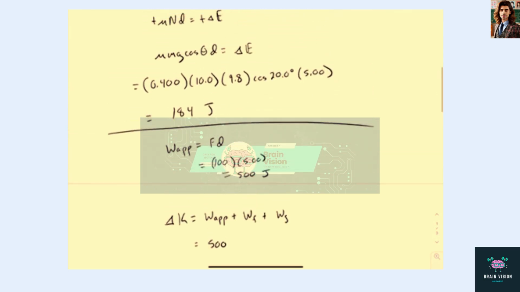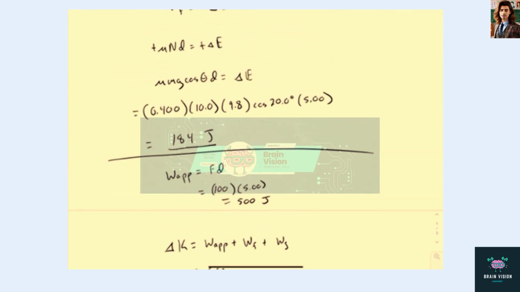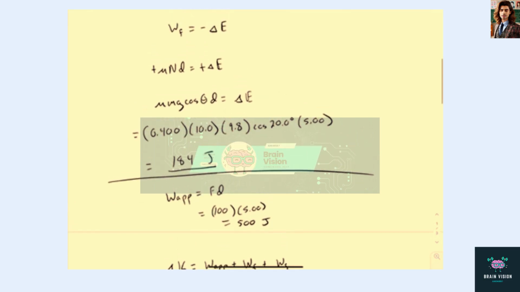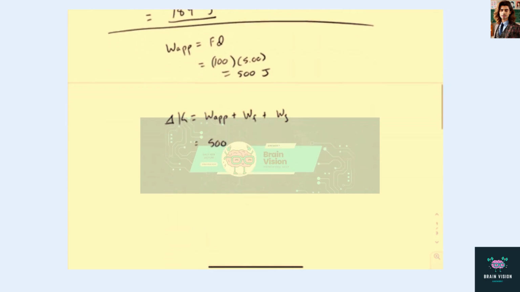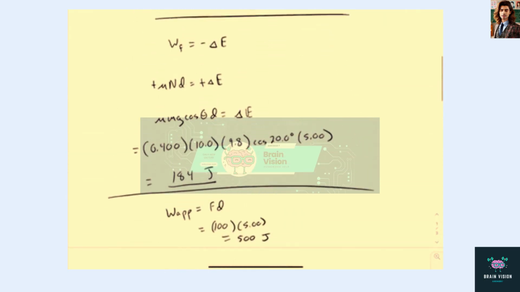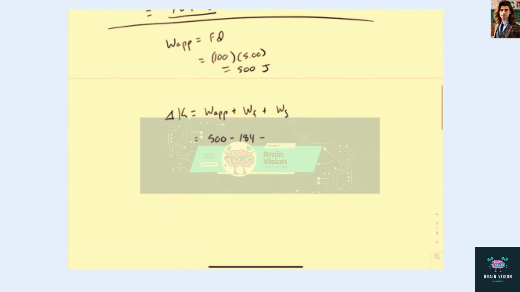The work due to friction, well, here we got 184 joules, but that was the change in energy, and remember, we canceled the negative. So the work due to friction is actually negative 184. And the work due to gravity is also negative, 168. And this is 148 joules.